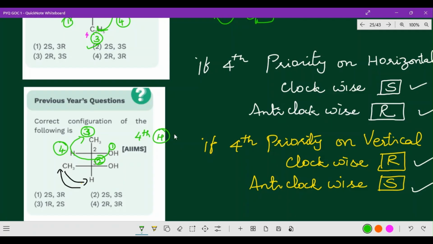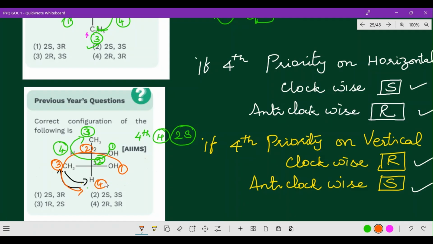Here it is the 2 yes configuration. For the next carbon, the priority goes to the first one here as higher, then this is the second, then this is third, and this is fourth. Actually here 1, 2, 3, and 4. So it is anti-clockwise.